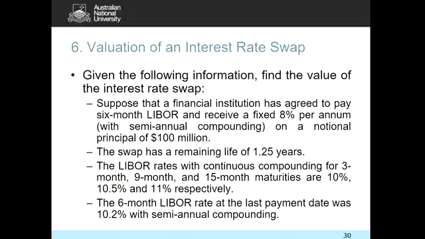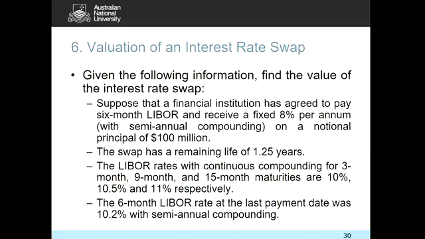The swap has a remaining life of 1.25 years. The LIBOR rates with continuous compounding for 3, 9, and 15-month maturities are 10, 10.5, and 11%. Okay, so interest rates aren't constant. And the 6-month LIBOR rate at the last payment date was 10.2% with semi-annual compounding.